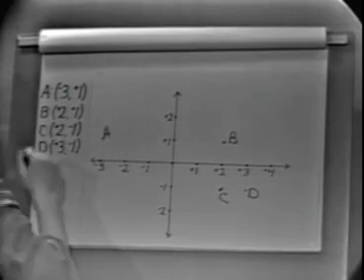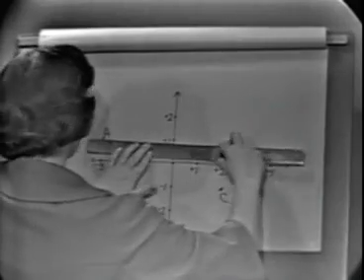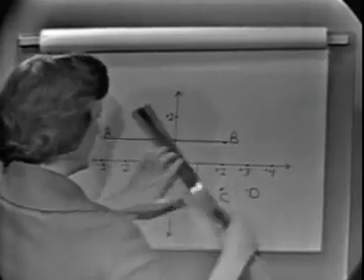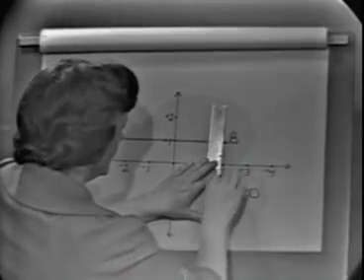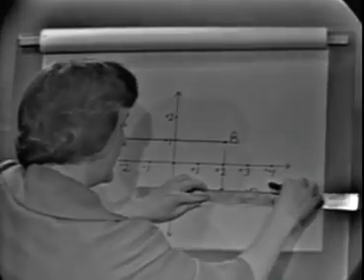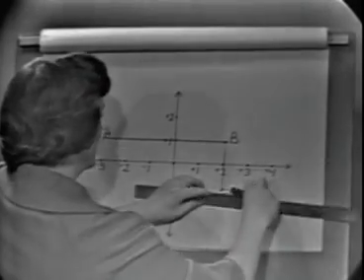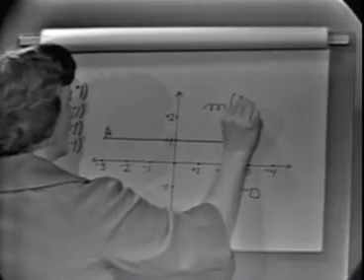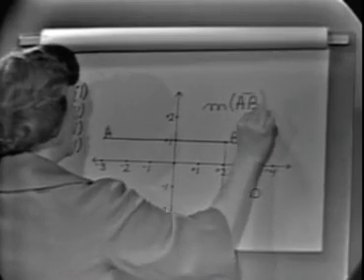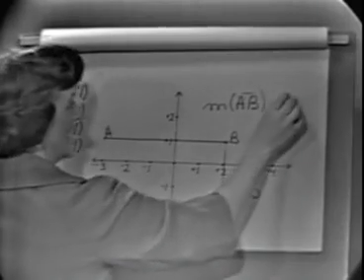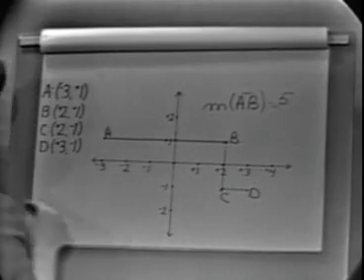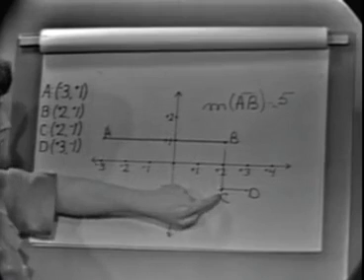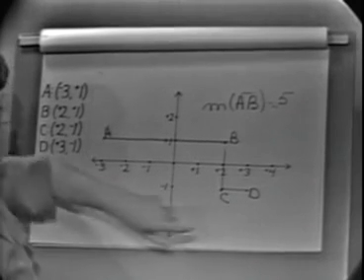Let's draw line segments AB, BC, CD. What are the measures of these line segments? For instance, the measure of line segment AB we see is 5. The measure of line segment BC, 2, and CD, 1.